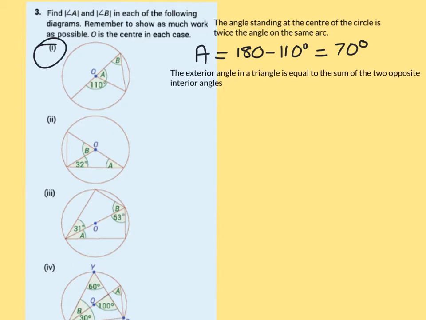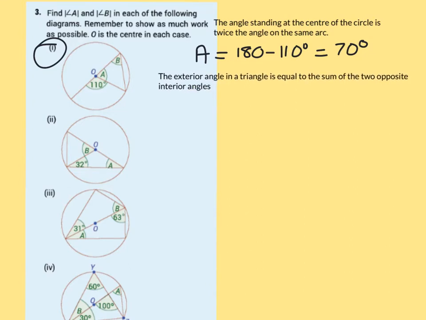That was one of the theorems that we did before Christmas. Now, that's one thing that you need to remember here.